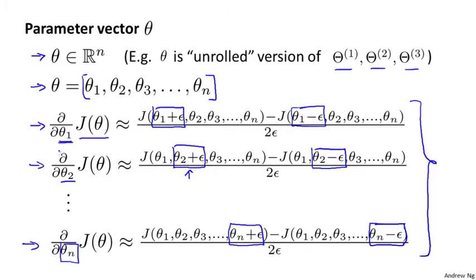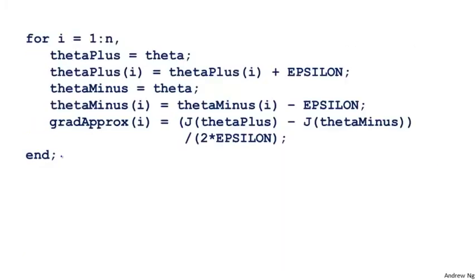Concretely, what you implement is therefore the following. We implement the following in Octave to numerically compute the derivatives. We say for i equals 1 through n, where n is the dimension of our parameter vector theta, and I usually do this with the unrolled version of the parameters. So theta is just a long list of all of my parameters in my neural network, say. I'm going to set thetaPlus equals theta, then increase the i-th element of thetaPlus by epsilon. So thetaPlus is equal to theta except for thetaPlus i, which is now incremented by epsilon.